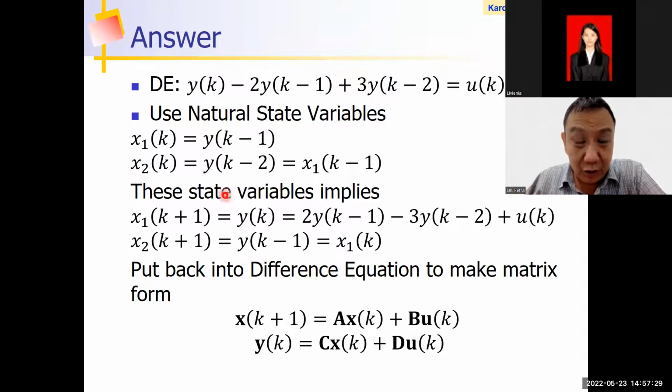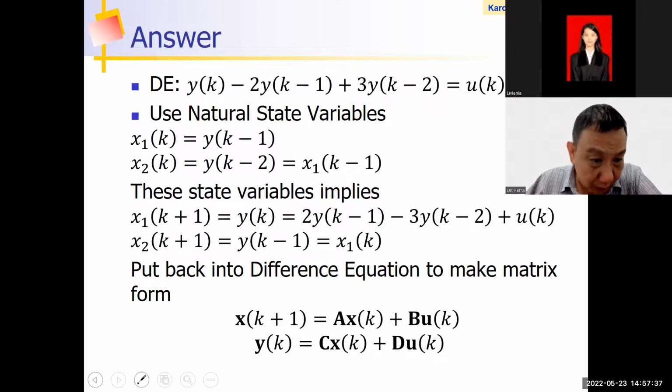Leafy, is it the one that you confused? The one with the previous chapter, the previous one. Okay, previous chapter, like before the state space.